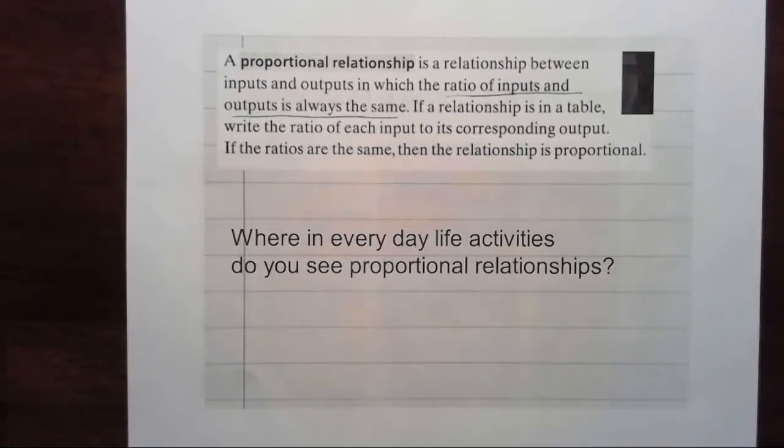Think about other places where you use proportional relationships. There's many places, and that's why we are going to learn how to figure out if the relationship is proportional. It's important because once you figure out that the relationship is proportional, you can easily calculate information for it.